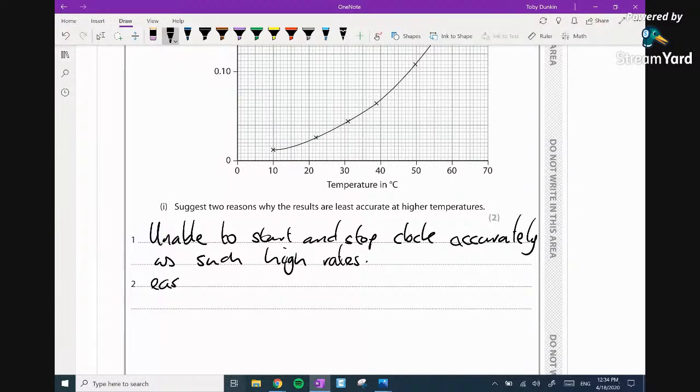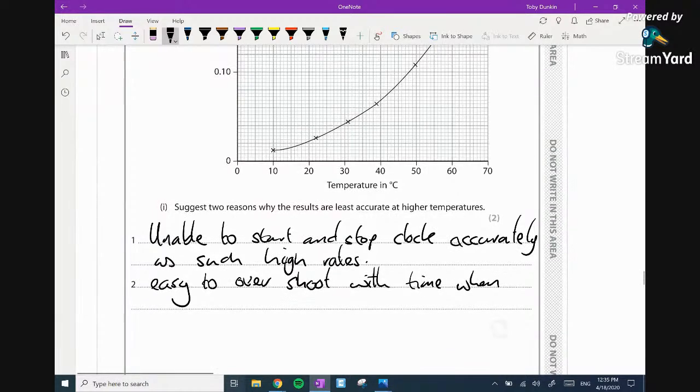Easy to overshoot with time when opaque appears so quickly.